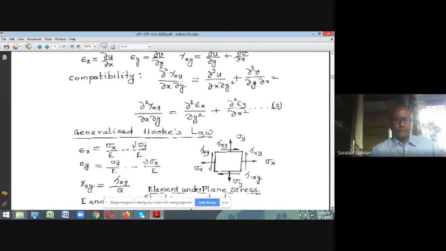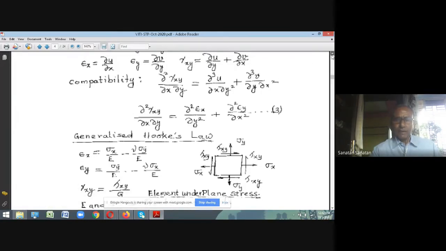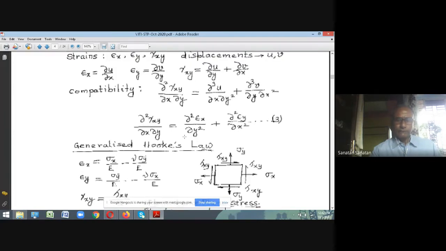And it is easy to show that if you take this relation for gamma xy and differentiate the left-hand side twice, once with respect to x and a second time with respect to y, you get this linkage.